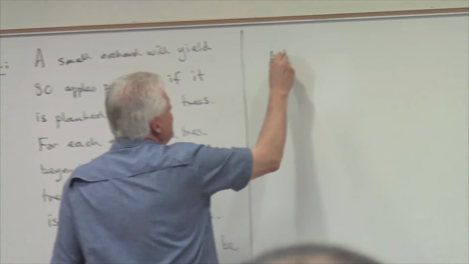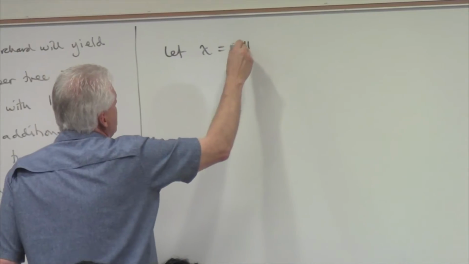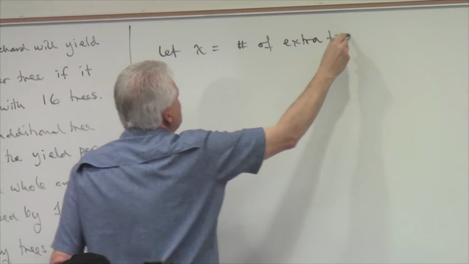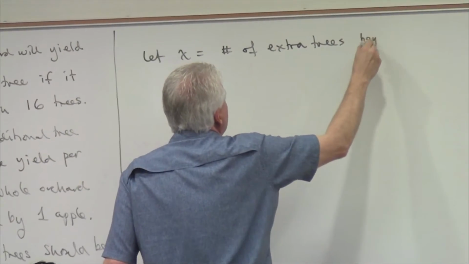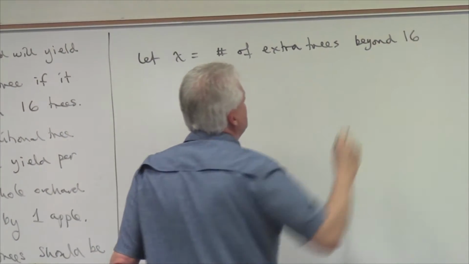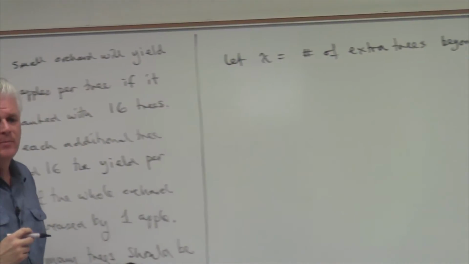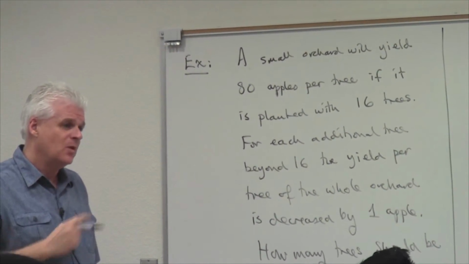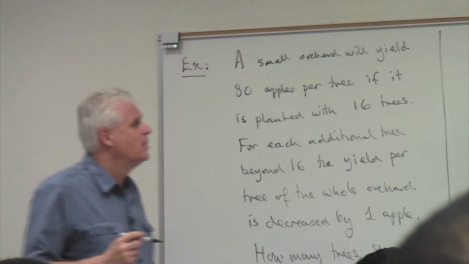It usually works out simpler, and logically it's easier to set it up. So let's do that. Let's let x equal the number of extra trees beyond 16. Okay? And we will only have one variable in this problem, and that's the variable x.